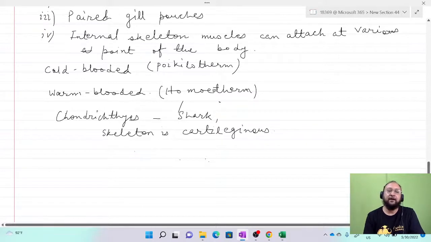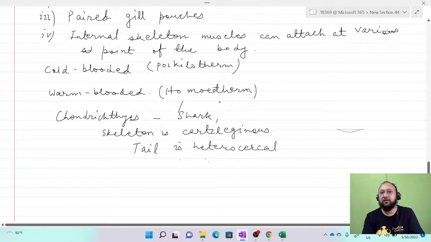They have a tail, which is heterocercal. It means the tail is like this: one lobe is small and one is big, so it is unequal. If both are equal, then it is called homocercal. So homocercal is not found in the chondrichthyes, and the heterocercal tail is found.